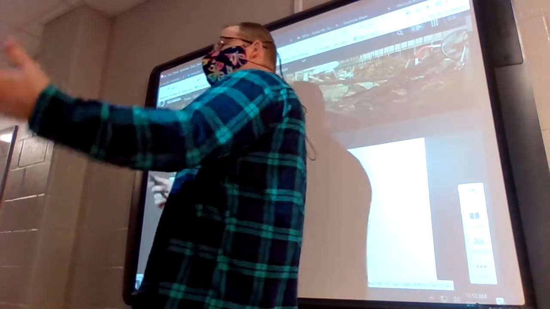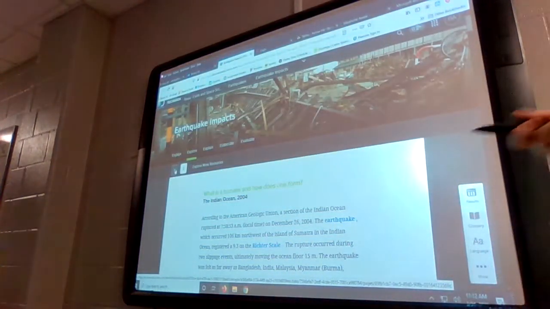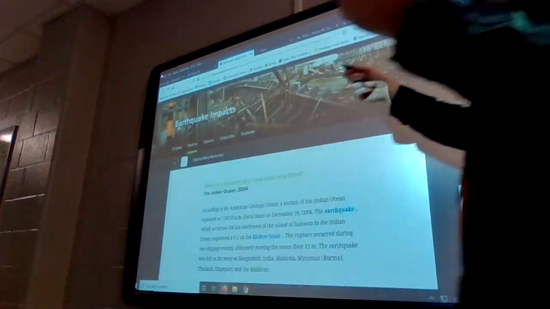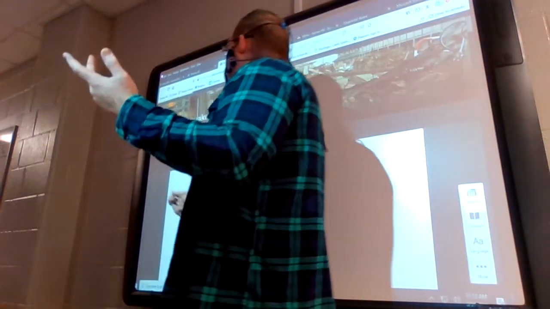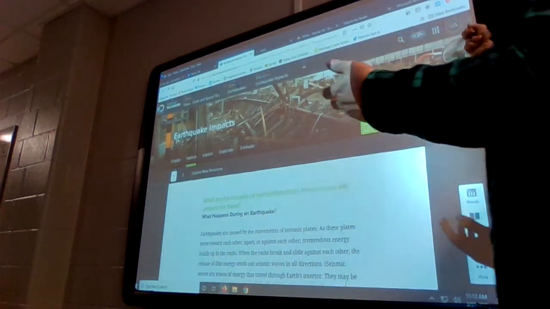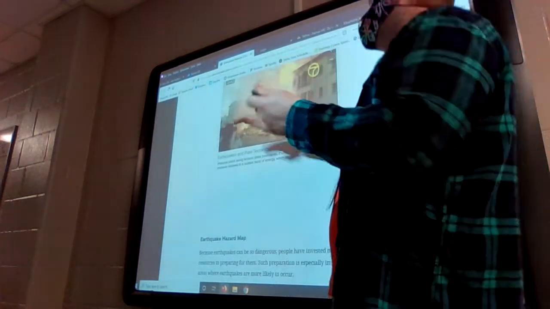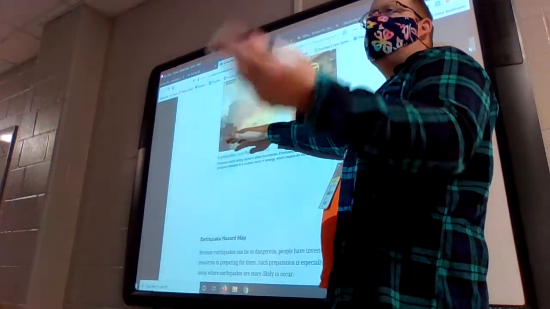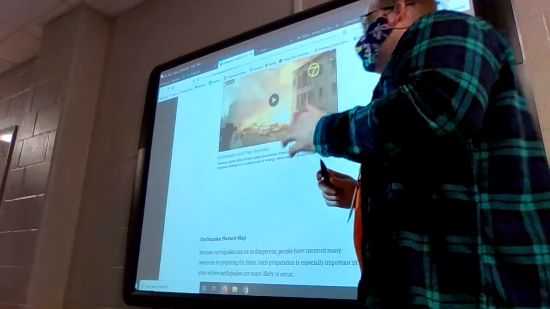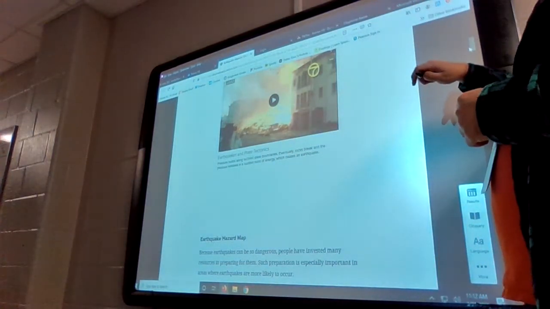I mentioned that fires and floods are often hazards associated with earthquakes because we bury our electrical lines and our power lines underground. And so often when you have an earthquake, you get flooding, you get fires, you get power outages because of that.